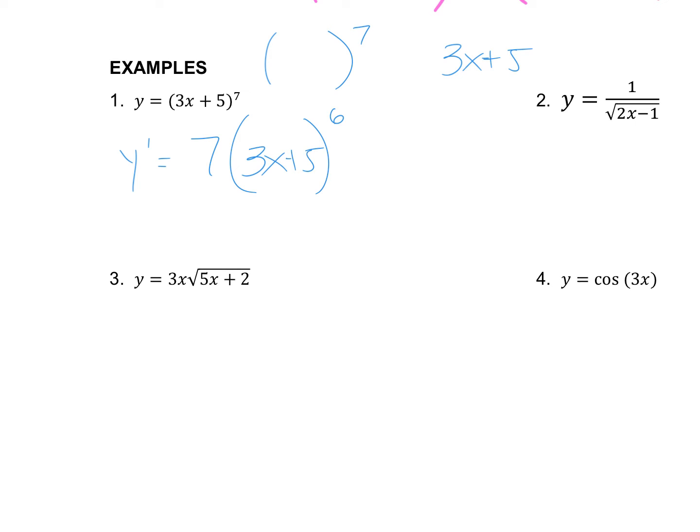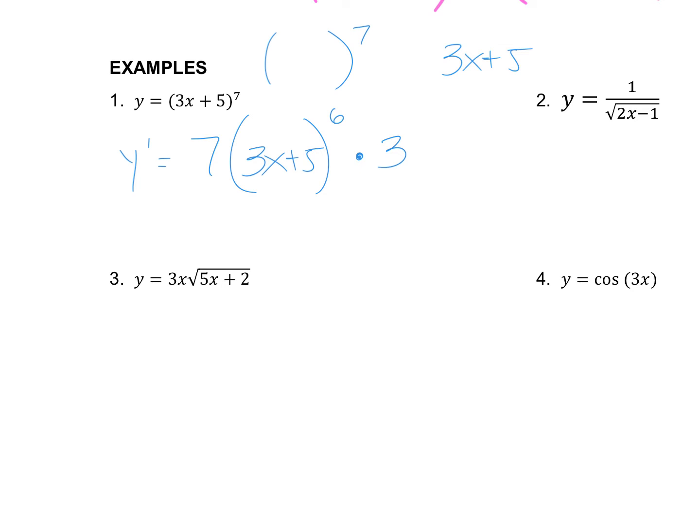So that stays inside. It doesn't affect how I take the derivative. I still bring the 7 down front, and I still subtract 1 from the exponent. It's just that that's like a big base. You just say that's still in there. The additional part to that, though, is that we then multiply by the derivative of the inside function. So what is the derivative of that 3x plus 5? 3. And all you do from there is simplify.